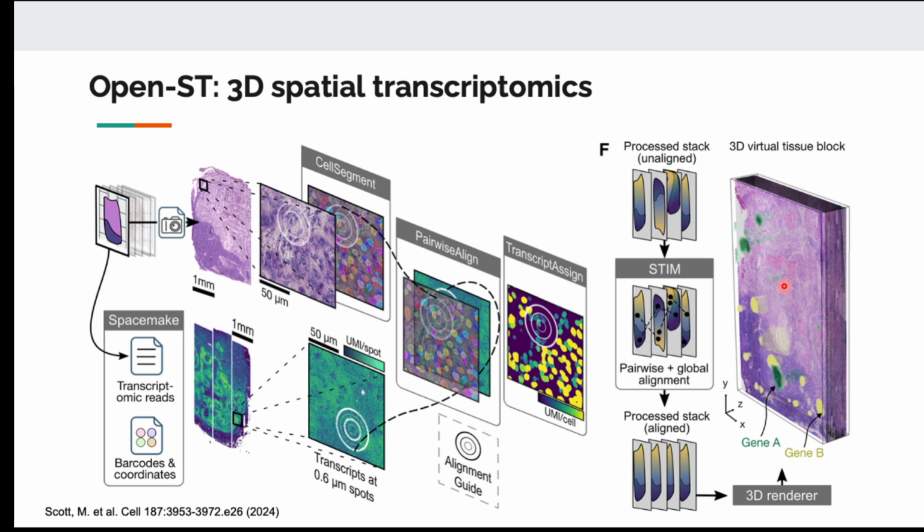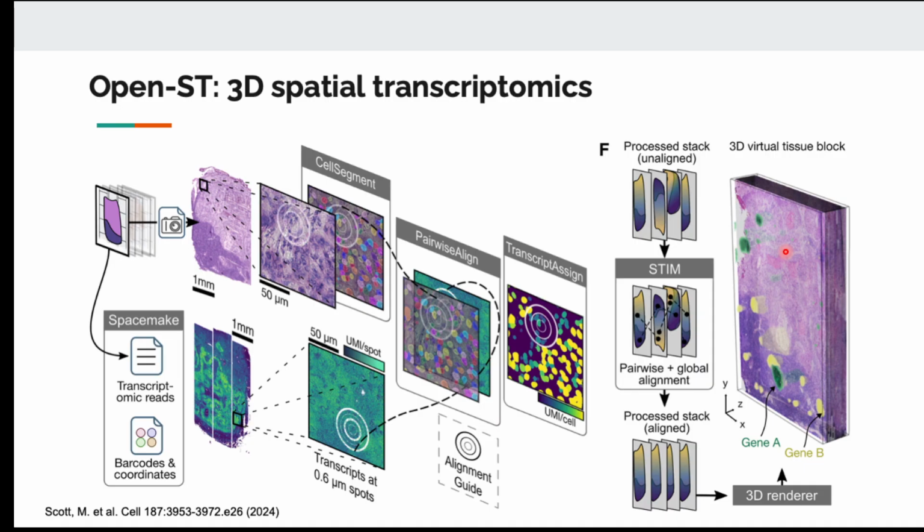So we go from bulk omics, where we only see the average. We collapse all the cells in the tissue into just one set of numbers, to single cell, where we isolate all the individual cells and we analyze them separately, so we know the composition.